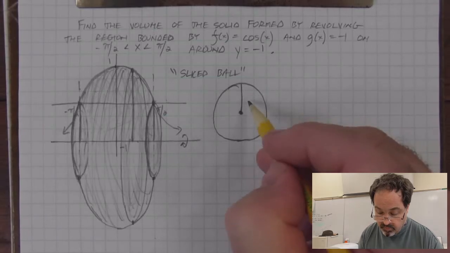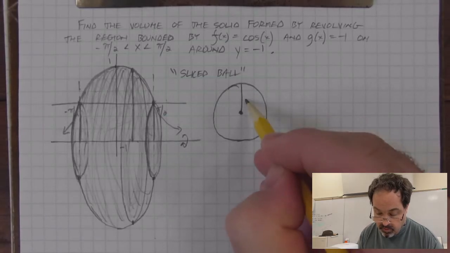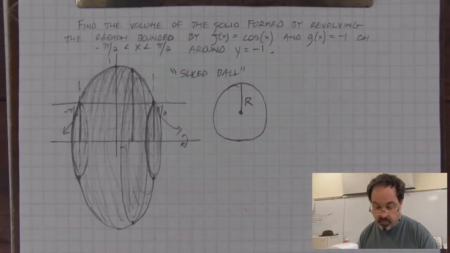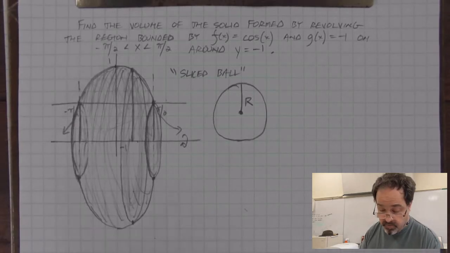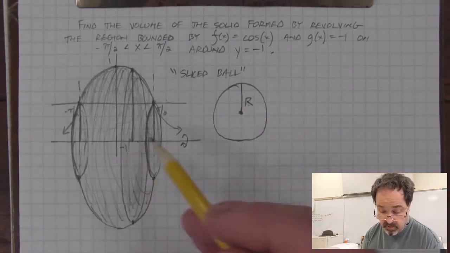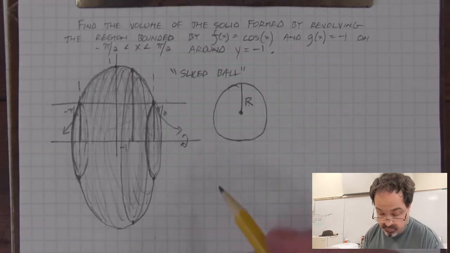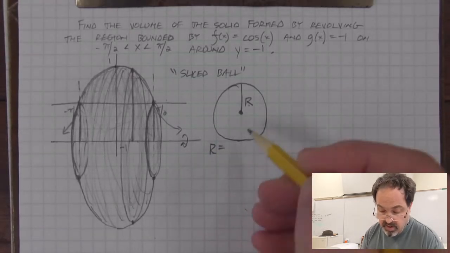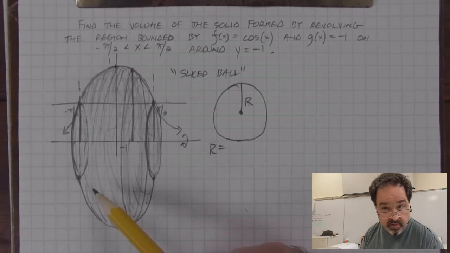The area of a disk is quite simply found from the area of a circle formula, pi r squared. So if I knew the radius of these disks, then I'd be able to square it, multiply by pi, and find its area. What is the area of any one of these disks?